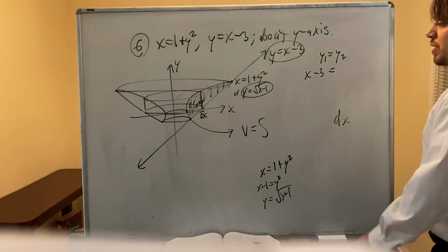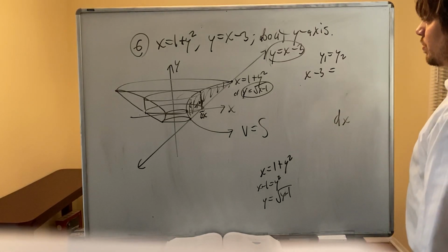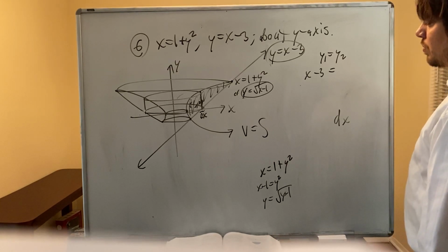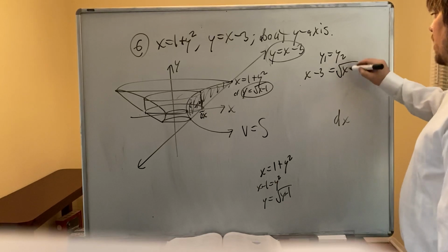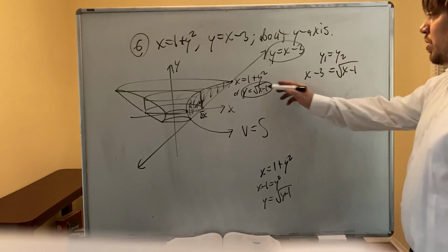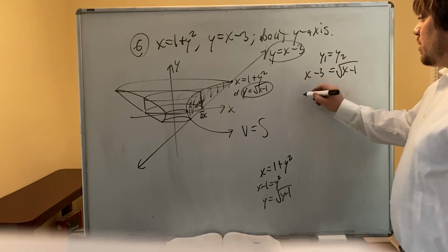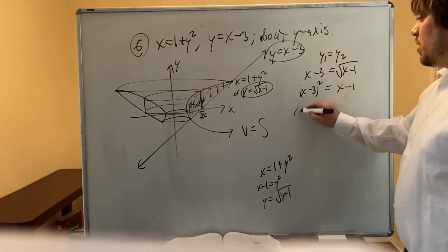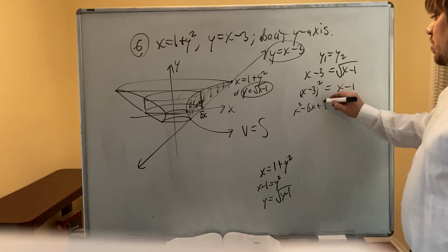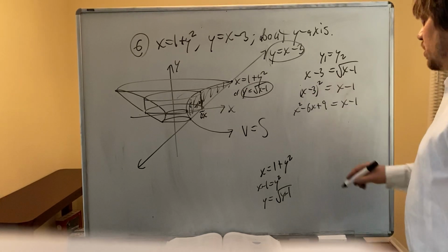So x minus 3 equals the square root of x minus 1. So you square both sides and you get x minus 3 squared is equal to x minus 1. That's x squared minus 6x plus 9 equals x minus 1.